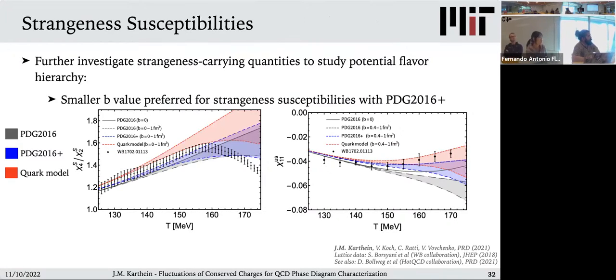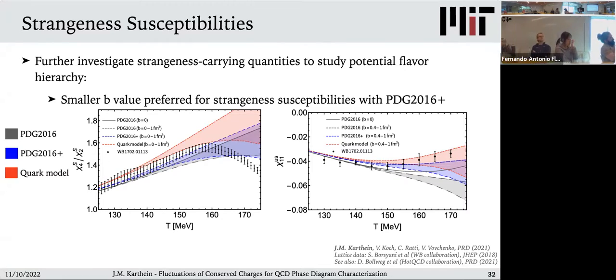Okay. So let's look at those strange susceptibilities and see if we can get a feel for getting more information about which hadronic spectrum actually is the right one, whether it's again 2016 plus or the Quark model. So I have higher order strange susceptibilities, and again this mixed susceptibility.